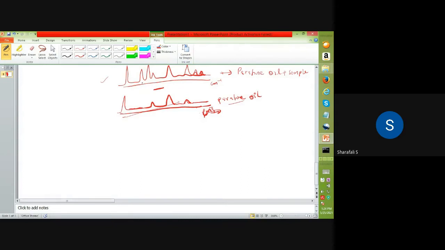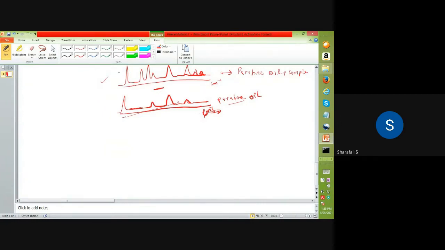And for each centimeter inverse or wave number, the computer knows the intensity for paraffin oil plus sample, because all the data is stored in the computer system. So you have to subtract some numerical values, some intensities.